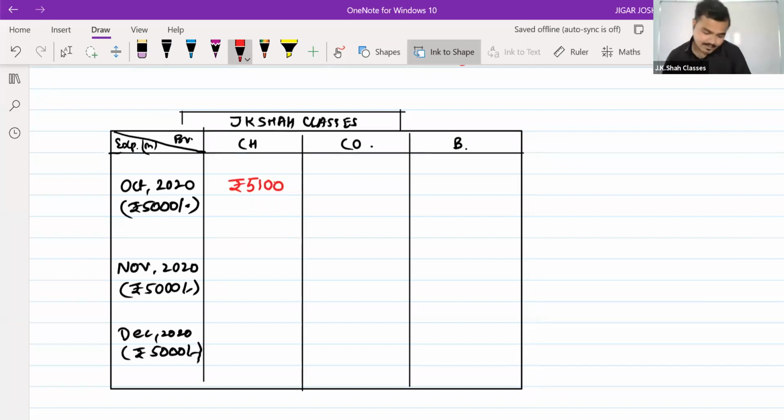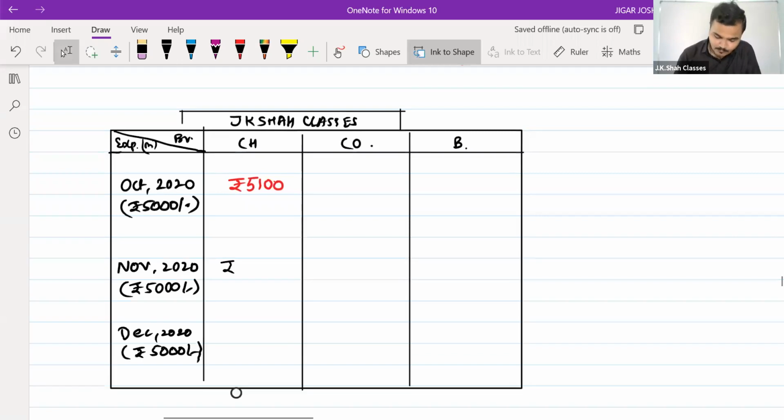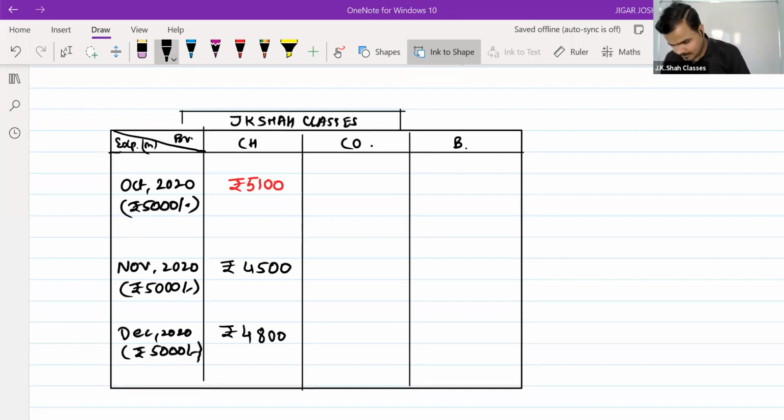Second month, November, was 4,500, and third month, 4,800. Agree? Let's talk about the Bangalore branch. The first month expenses were 5,000.